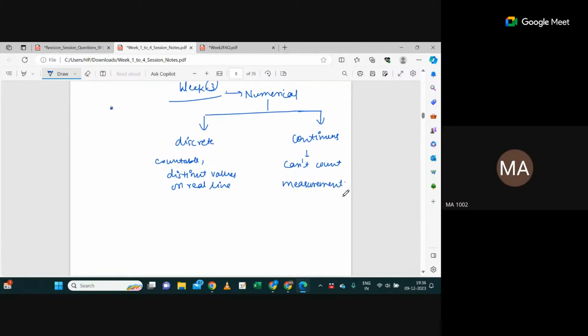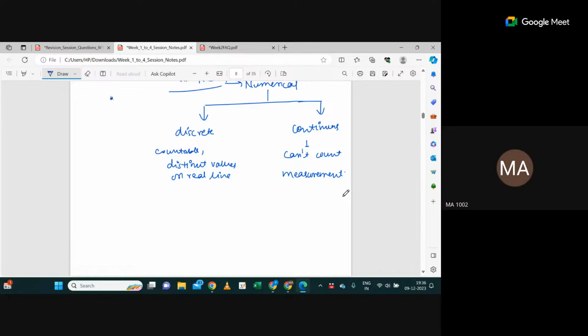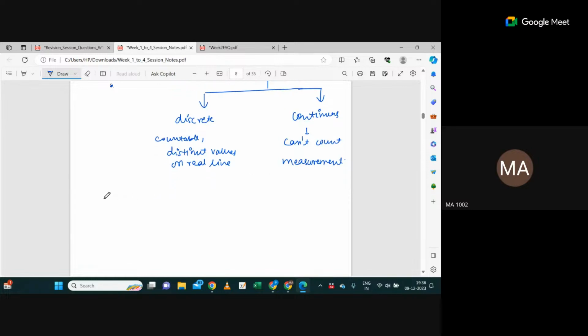Now, to represent continuous data, I can plot a histogram. A histogram is very useful for plotting continuous data. There will be bins on the x-axis and counts on the y-axis. Suppose the bins are 0, 10, 20, 30, up to let's say 100.